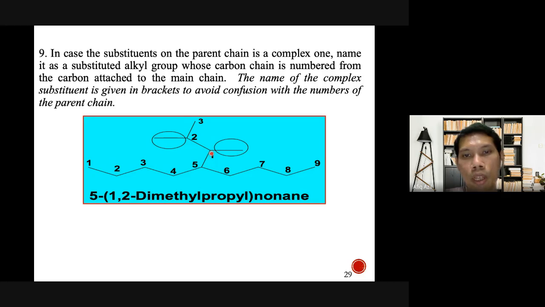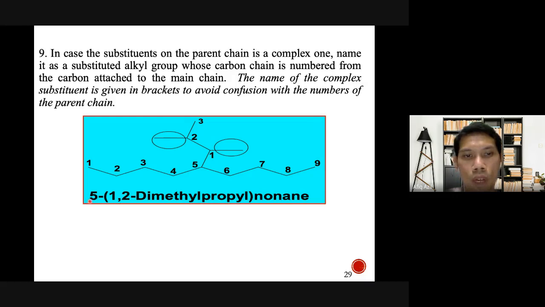So you start numbering 1, 2, 3, and at carbon number 1 and carbon number 2, you have methyl groups. So 1,2-dimethylpropyl, because we have 1, 2, 3 in total, which is bonded to this long alkyl chain of 9 carbons, which is nonane.